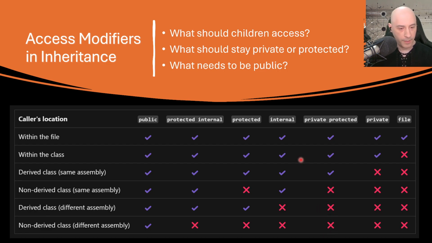Whereas internal, that one is just like public, but without any external access. It's a little bit less encapsulated or less protected than protected or private protected is, in that you can access it within non-child classes and non-parent classes. The protected has to do with inheritance, protected internal has to do with inheritance, and private protected all has to do with inheritance.